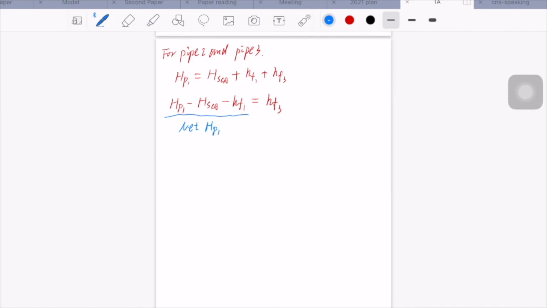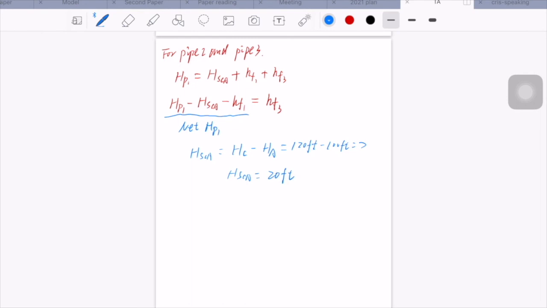And the problem gave us the elevations of HC and HA, so we know HSCA equals HC minus HA, which is 120 feet minus 100 feet. So we get that HSCA equals 20 feet.